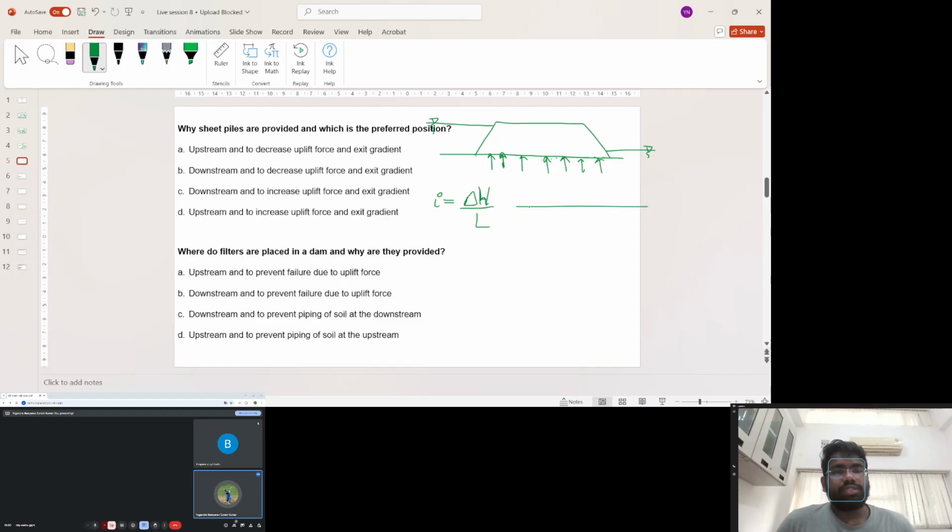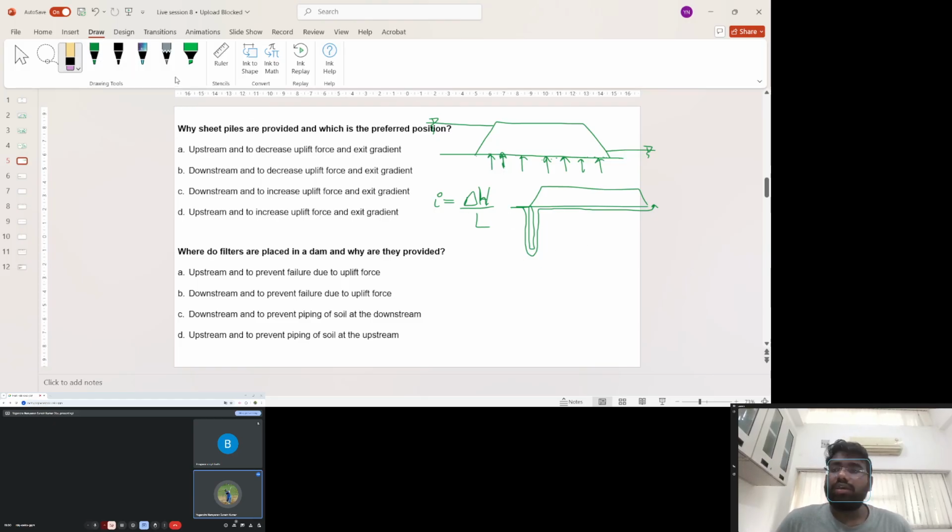So when we provide this sheet pile at the upstream end, the water has to flow like this. And then the first flow line will be like this, right? Followed by others, in such a way that the length of the flow of water is extended.